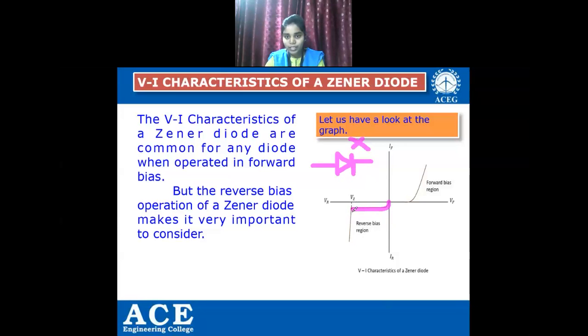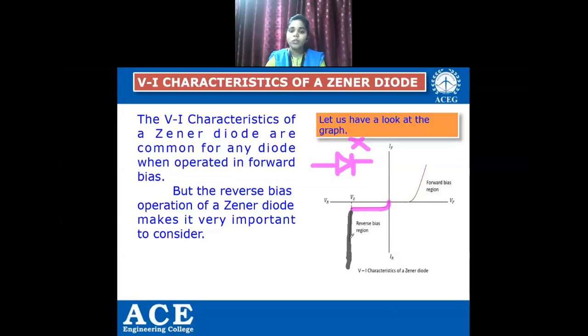But take the case of a Zener diode. What is going to happen at this breakdown? Once it reaches this breakdown voltage, that is VZ, the Zener voltage, what is going to happen? You can see current is increasing, right? That is what makes the difference between a PN junction diode and the Zener diode.